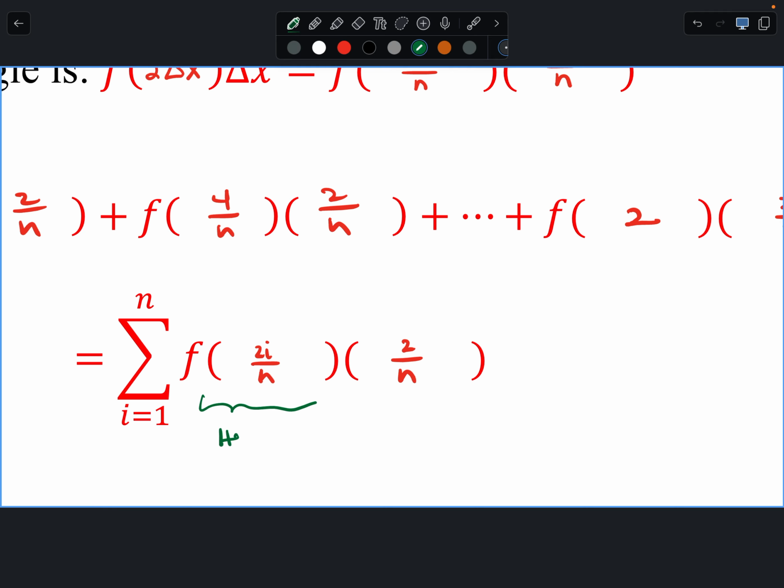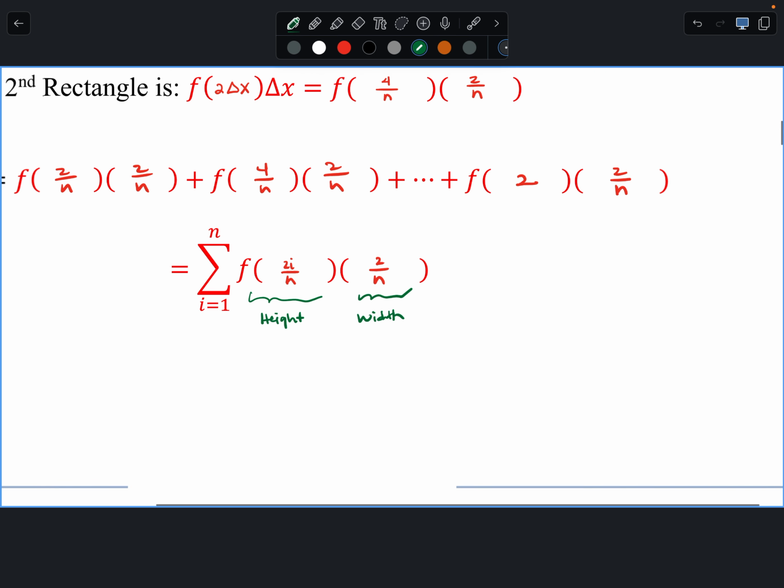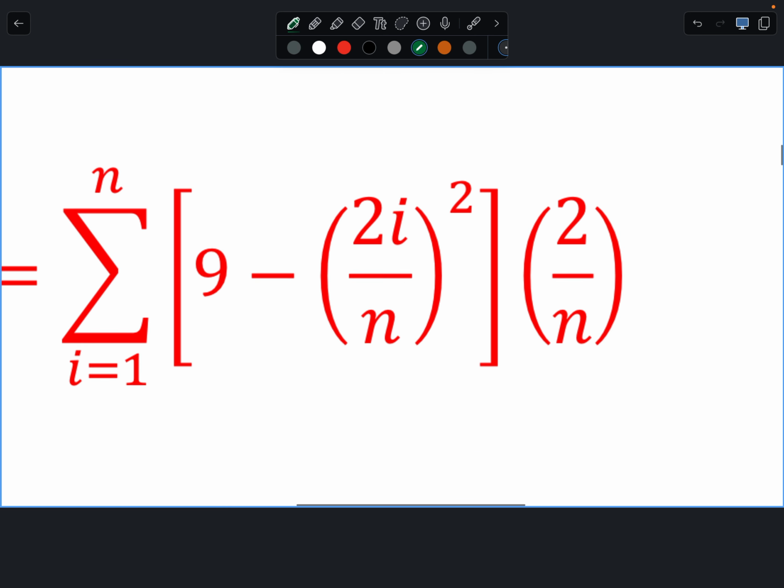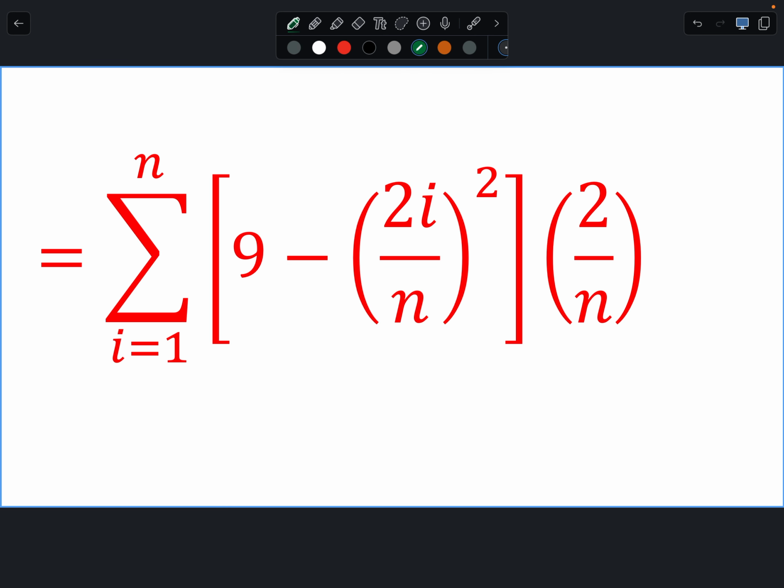And then for thinking about how this could simplify, notice this n can cancel with one of these n's. And then we can also factor out a 2 in the numerator and denominator to cancel. So that then we have 4 over 3n squared. And we can think about multiplying out the n plus 1 times 2n plus 1. So that's 2n squared plus 3n plus 1.